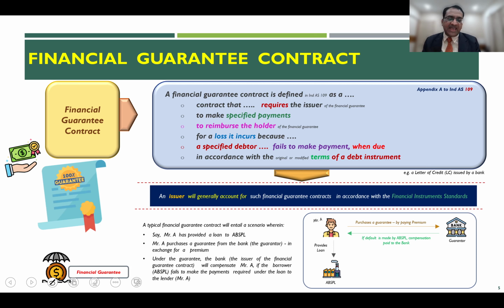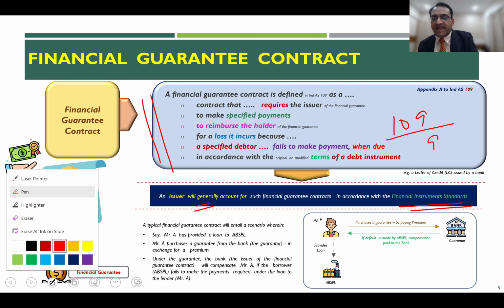All I'm trying to say is that such a financial guarantee contract generally will get accounted for under the financial instrument standard, which in the Indian context is Ind AS 109, or from an IFRS perspective, IFRS 9.